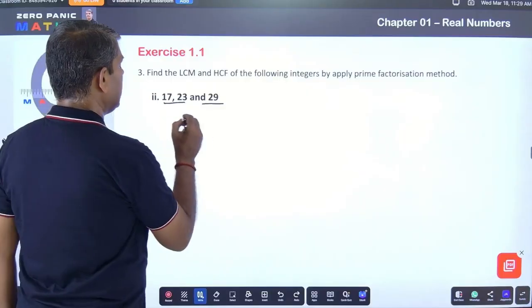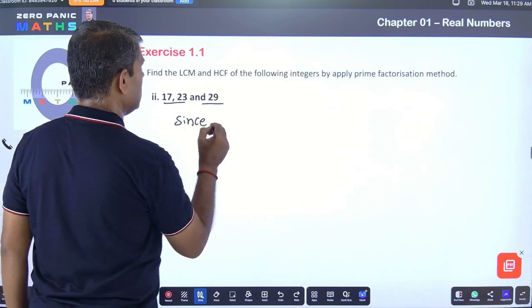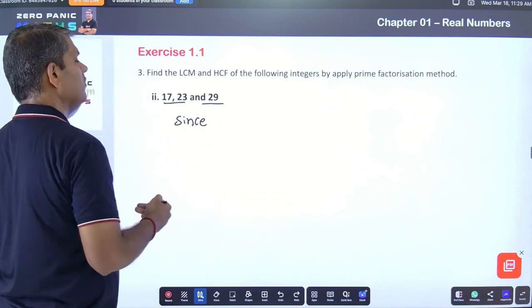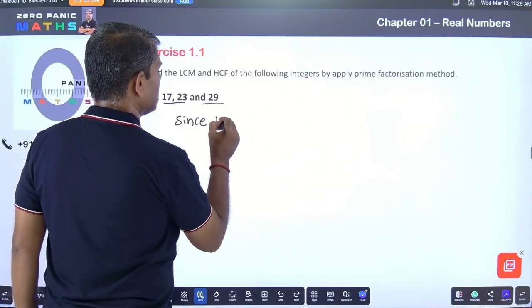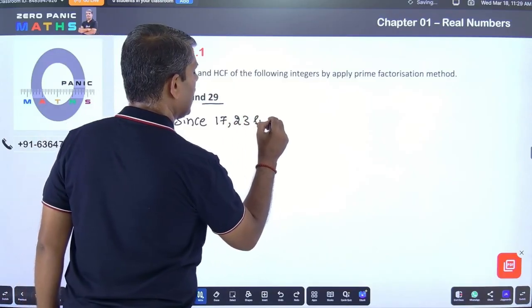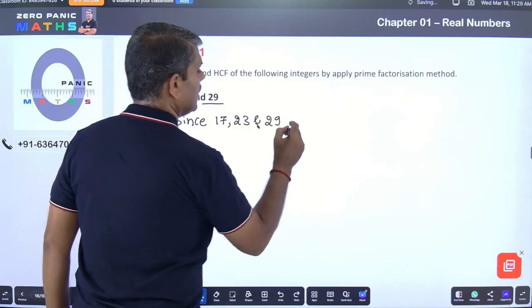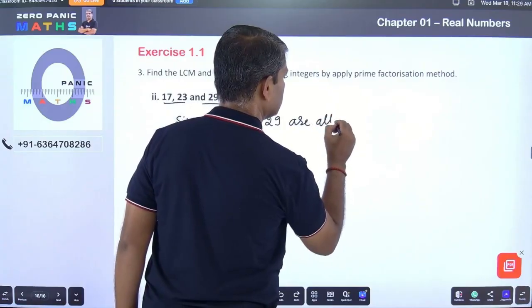So we need not factorize this, since 17, 23 and 29 are all primes.